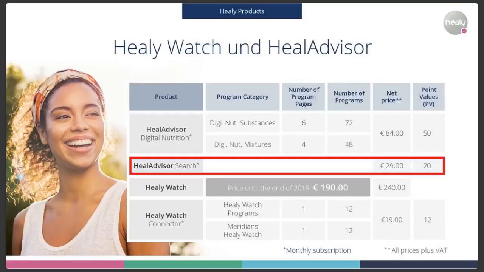So the monthly subscription is 29 euro plus the local VAT of the respective country. As this is a monthly subscription, you get a point value of 20 PV, which counts to your personal PV if this is the subscription that you do for yourself. As I said, all these prices are still plus VAT in the respective country.